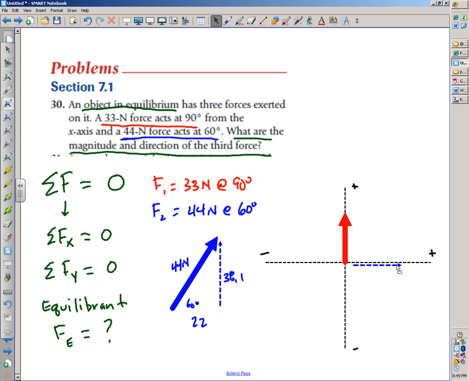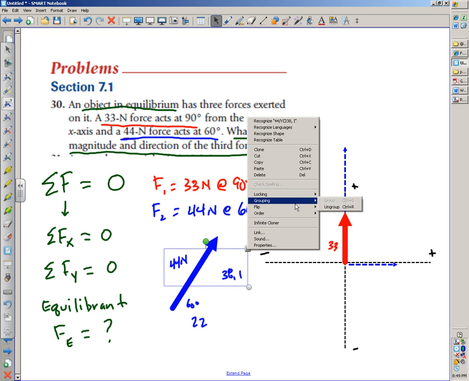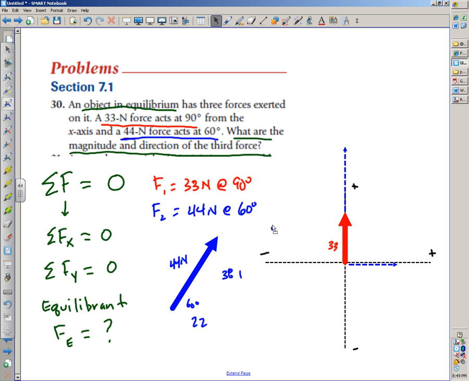So this one comes back here, and then this one, being on the y-axis, we can just lay that on top of the 33 Newton force that we know already. We've just figured out that this one was 38.1, and we established that this one was 22.